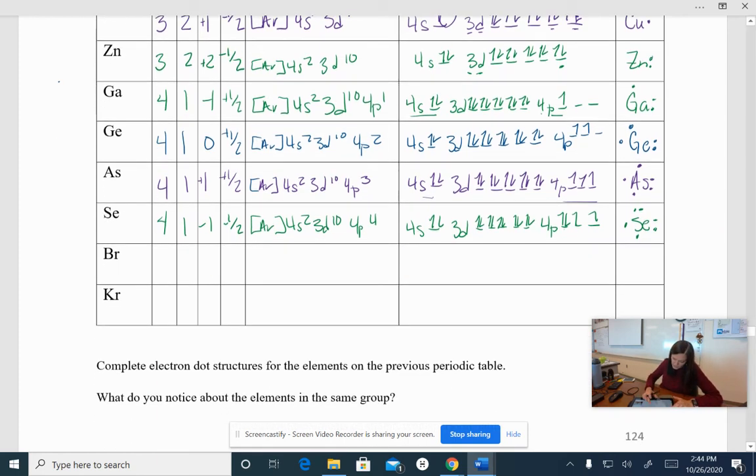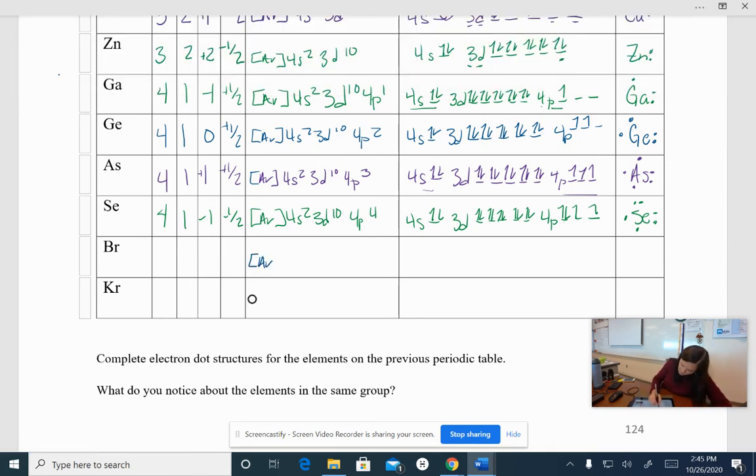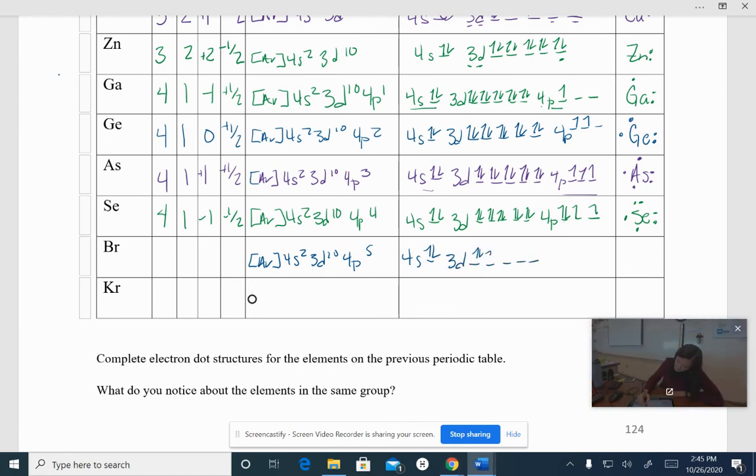Okay, bromine. Let's change our color once again. Bromine, we're going to look at argon, 4s2, 3d10, 4p5. So this will give us 4s, both up and down, 3d, 1, 2, 3, 4, 5. All of those orbitals will be full. And then 4p, 1, 2, 3, 4, 5.